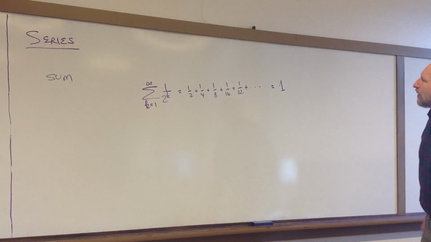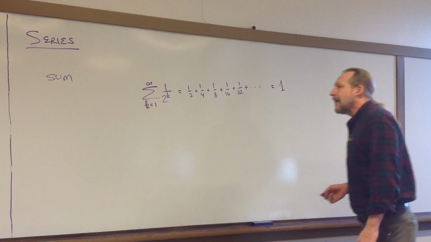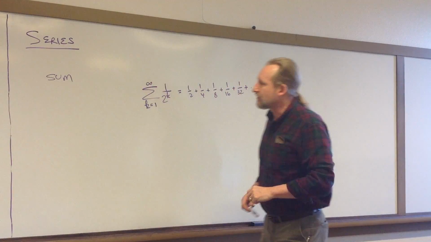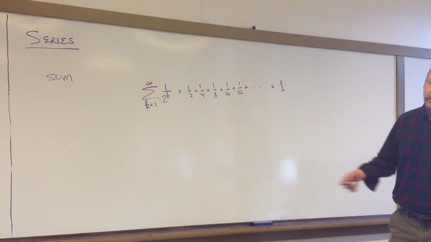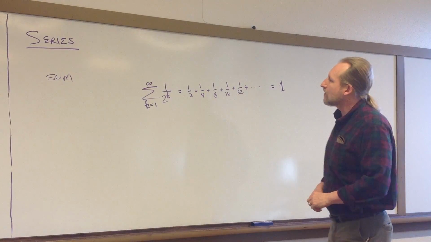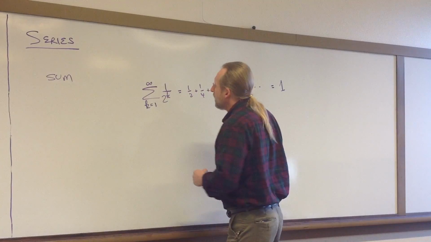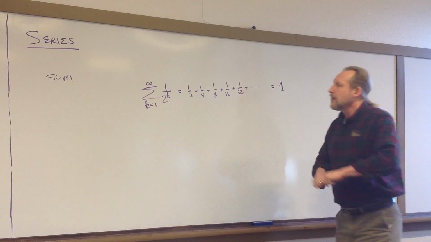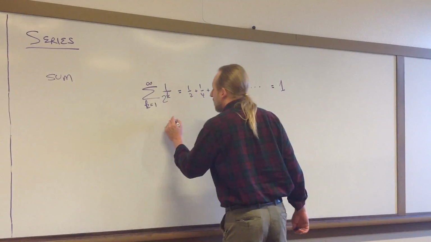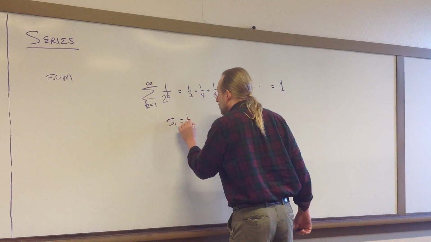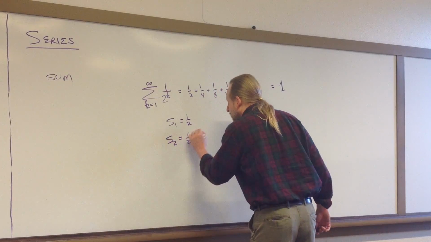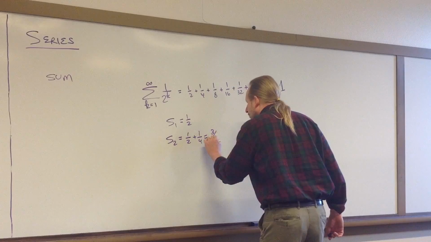Before I erase this, I want to talk about the connection between series and the sequences that we had talked about and why they're frequently studied together. In trying to figure out what the sum of something might be, frequently mathematicians look at partial sums. This is the sum of the first term. The second partial sum is the first 2.